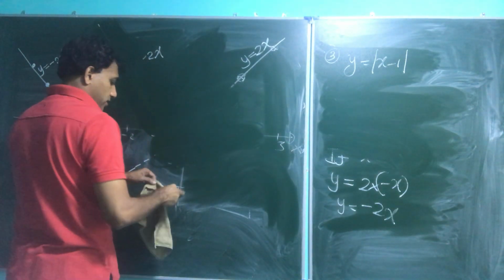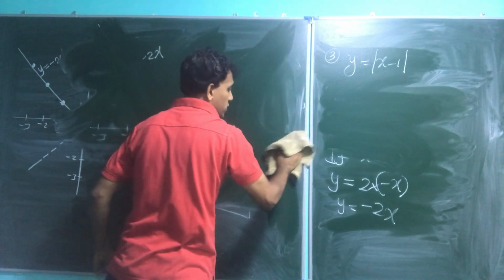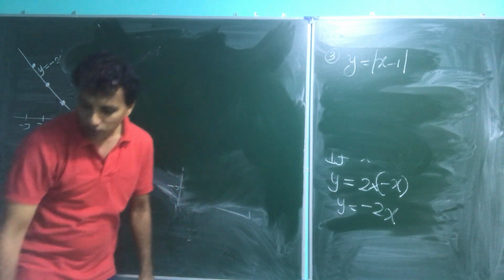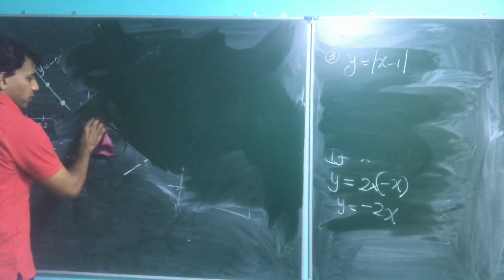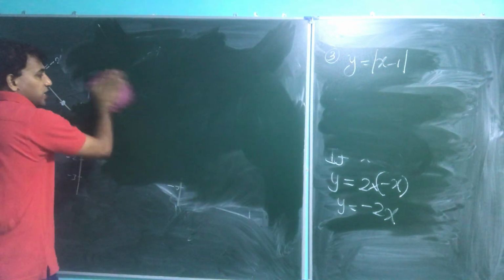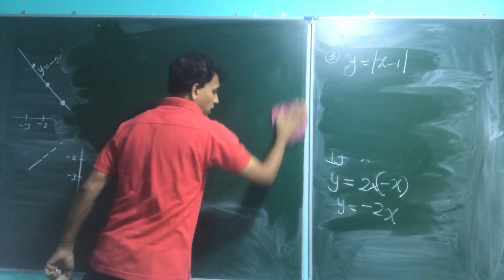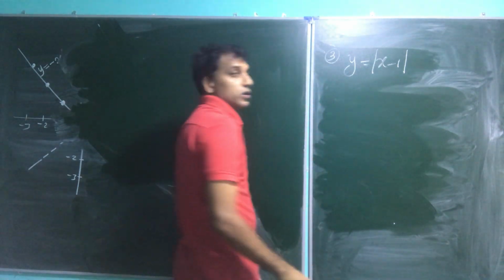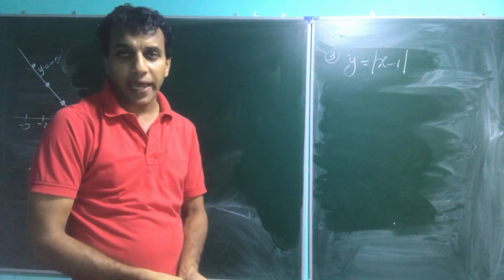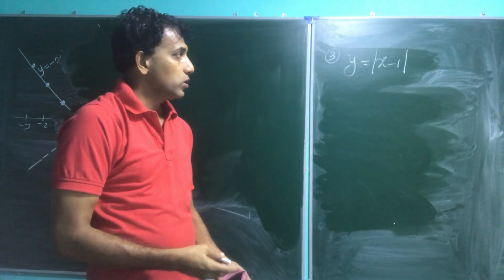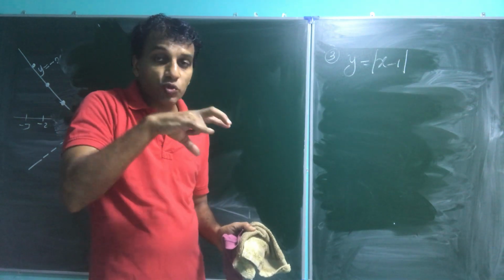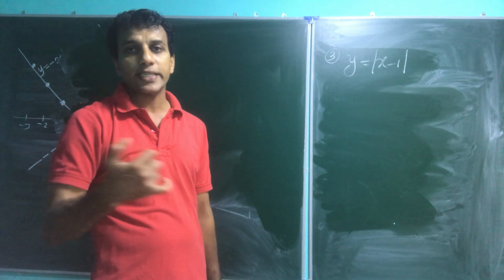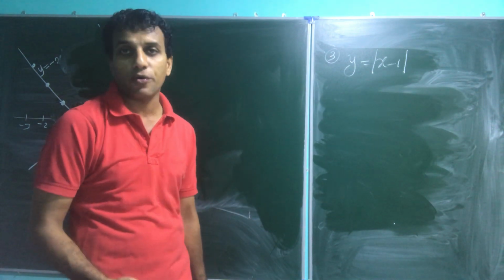So see, same method. Use the properties of the definition. Follow the definition, then only it's clear, right? Always follow the modulus definition. Then it's very clear. Otherwise sometimes it becomes a wrong answer, an error. So inside this, x minus 1. We have to consider whether x minus 1 is greater than 0 or less than 0, right?